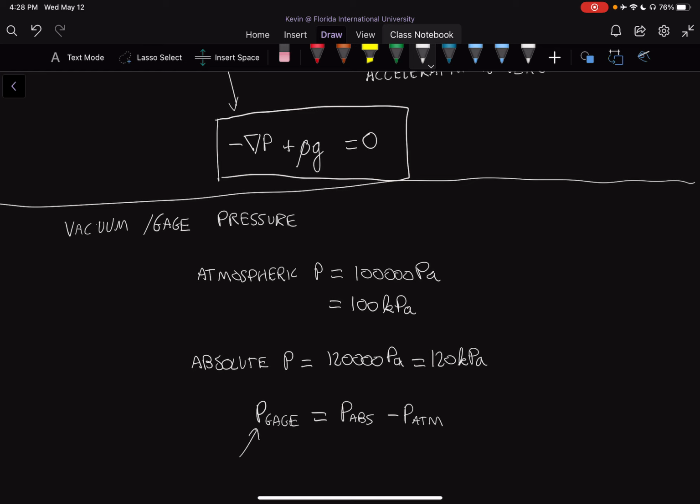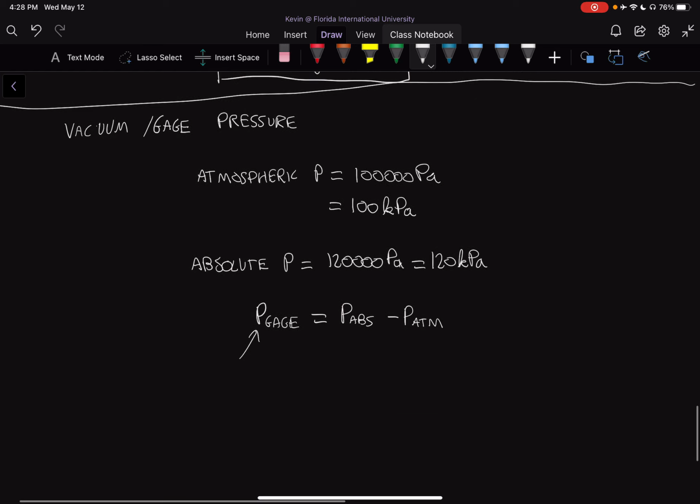And your absolute pressure would actually be your atmospheric pressure plus your gauge pressure. So P absolute is equal to P gauge, which is the one you usually measure in real life, plus P atmospheric. So you're measuring the differential between absolute and atmospheric, essentially.